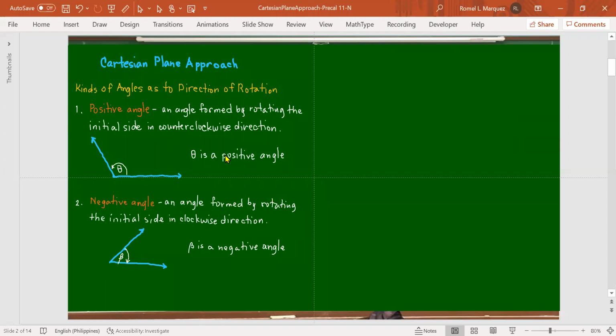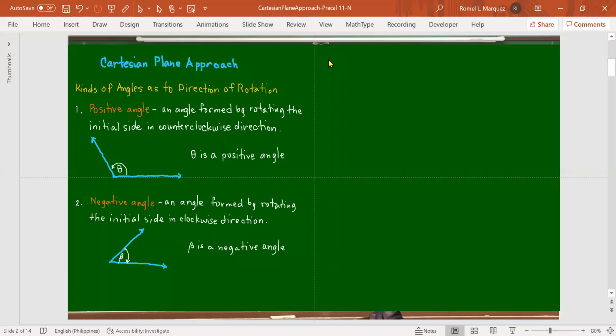The negative indicates only the direction of the angle, how it is rotated from the initial side going to the terminal side. Negative is clockwise direction; positive is counterclockwise. We're going to use these concepts in defining what we call an angle in standard position.